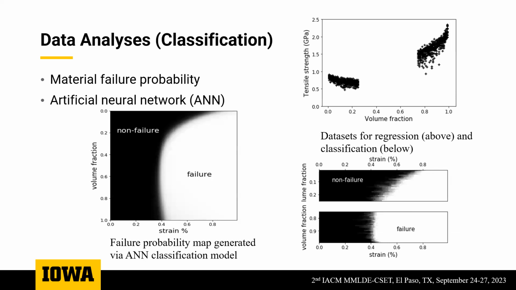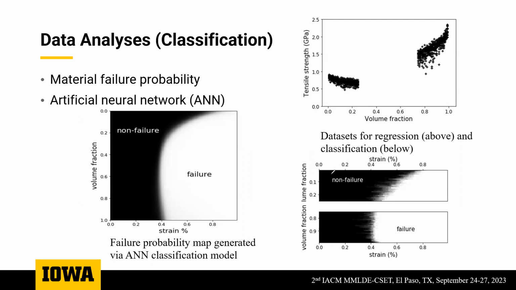However, when we study the tensile strength, it has pretty high uncertainty. If we go back to look at the original simulation results, even at the same volume fraction, the material fails at different strengths because of the different microscale configurations.